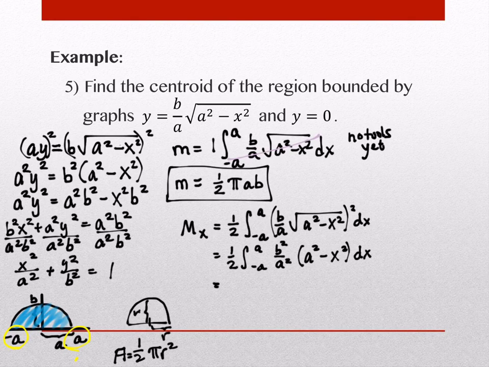So just because I can, I'm going to go ahead and pull the b squared over a squared out in front with the 1/2. So I have b squared over 2a squared. And then I have the integral from negative a to a of a squared minus x squared dx.